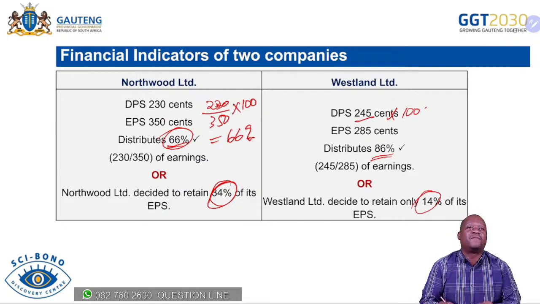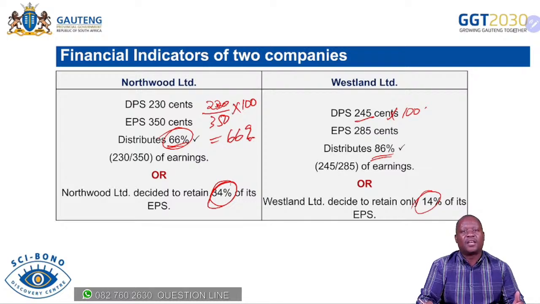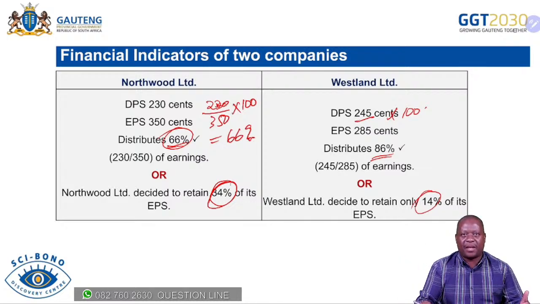Sometimes they can even give them more dividends than what they have earned during the current year. So they are going to use the retained profits from previous years just to make their shareholders happy.